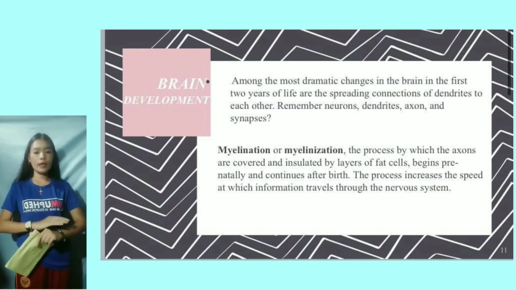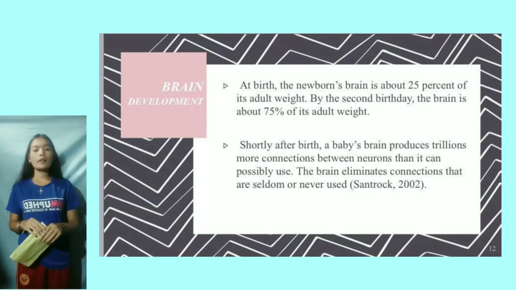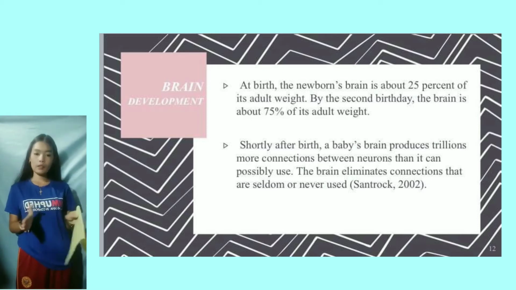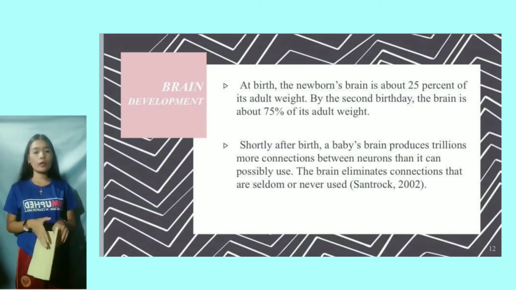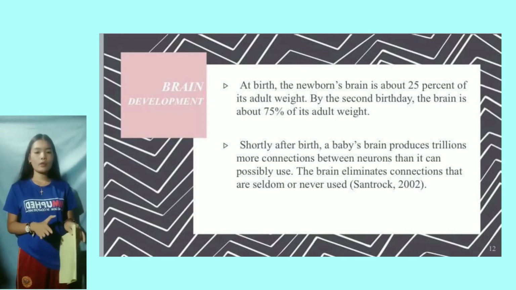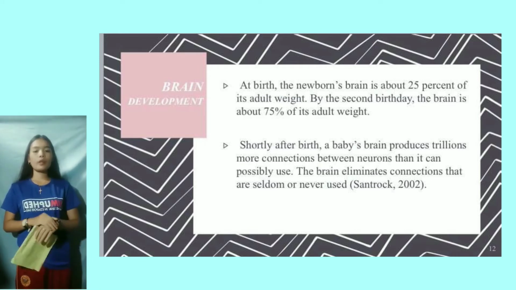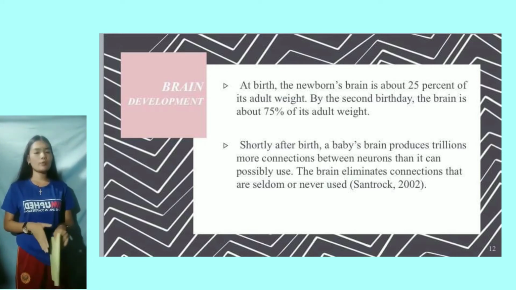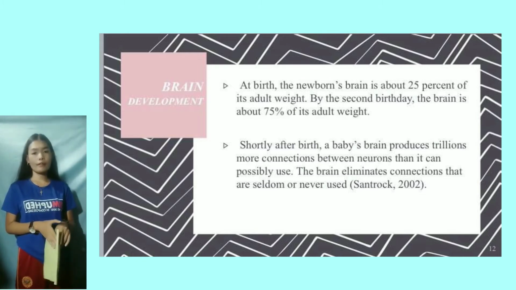A newborn baby has all of the brain cells, the neurons, but it's the connections between these cells that really make the brain work. At least 1 million new neuron connections, or synapses, are made every second, more than at any other time in life.